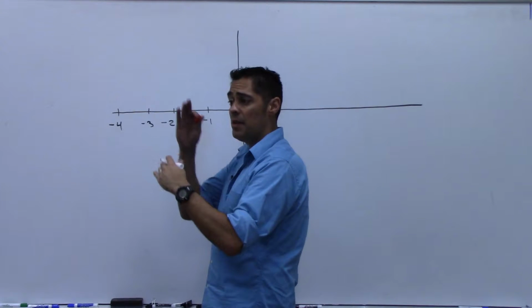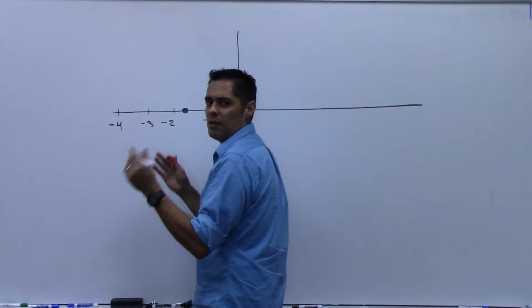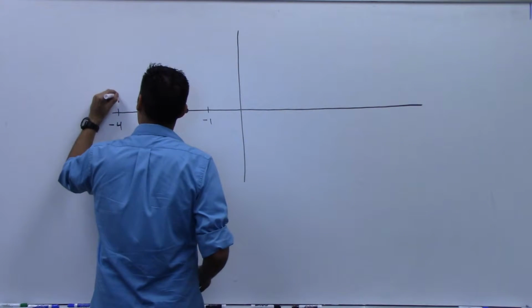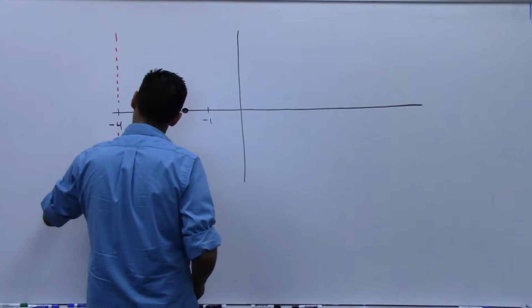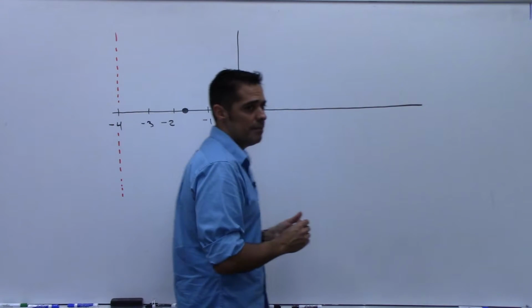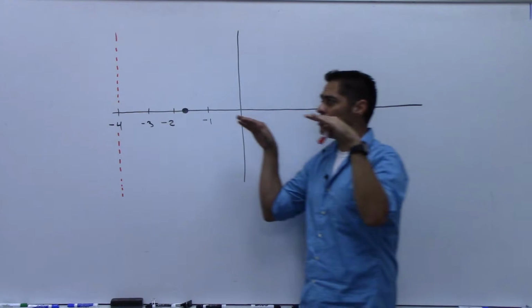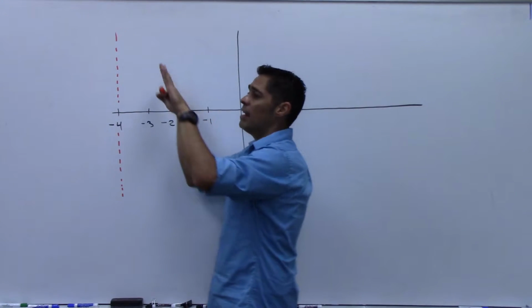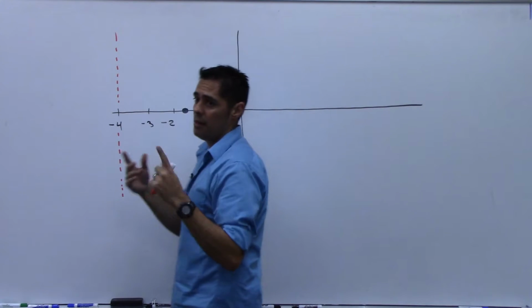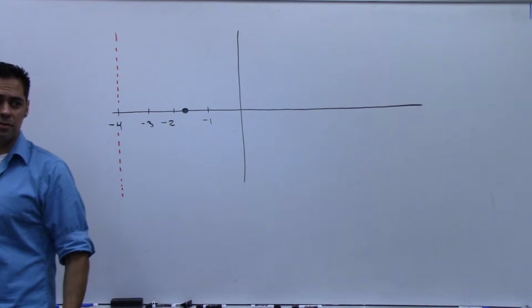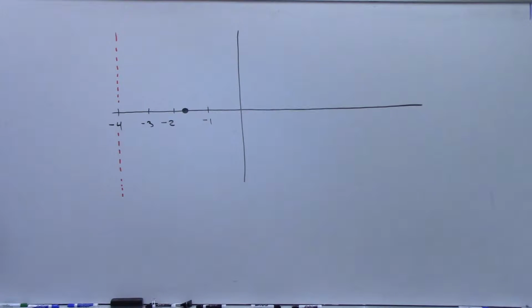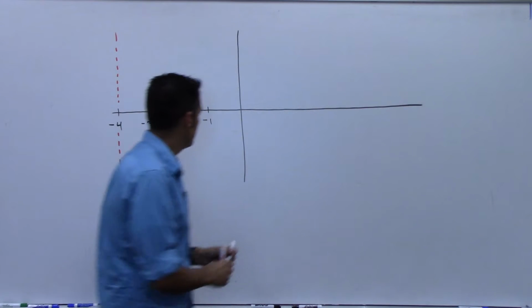It's there to help me draw it, but this is officially not part of the picture. That is a boundary my graph cannot cross, right? And actually, as my graph gets closer to it, what has to happen? It either has to go up or down, and I'm going to have to determine which way it is. I had another one of these where? 6.